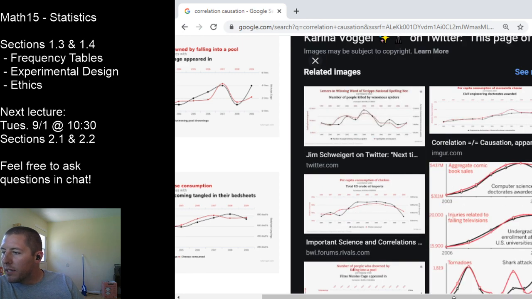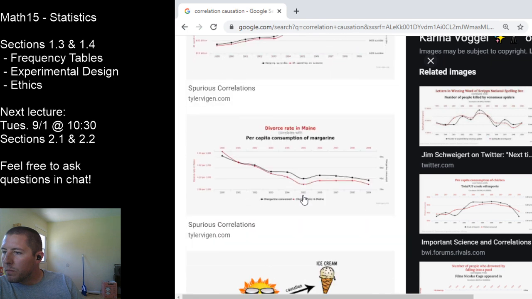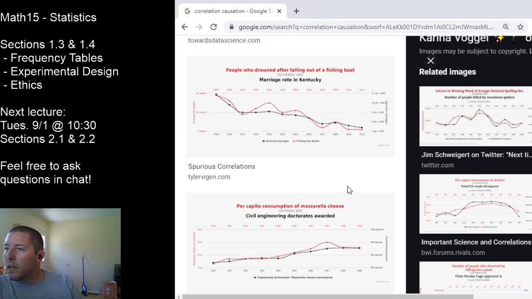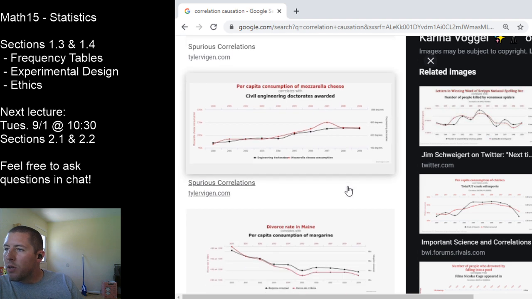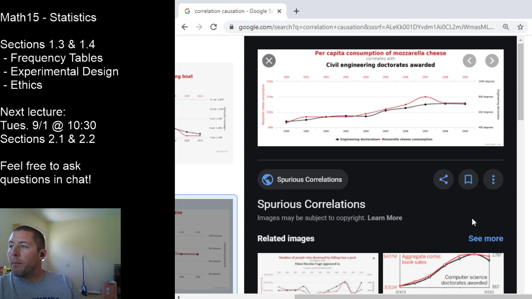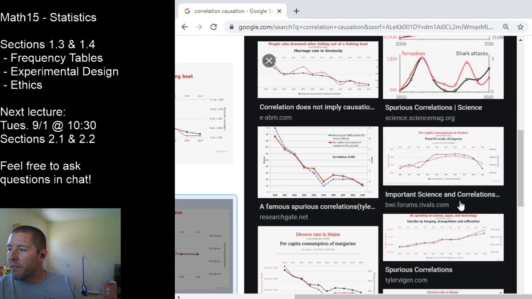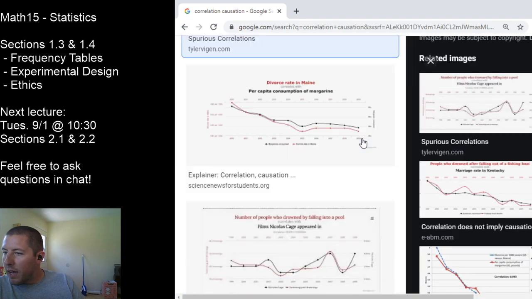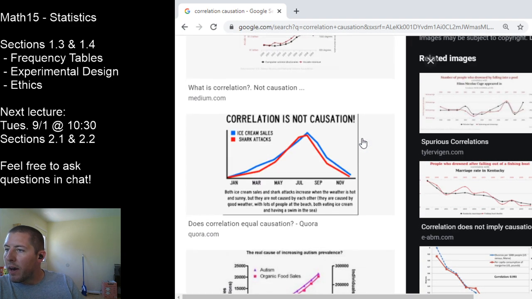Let's see here. And so many of these they make about drowning. It's a little concerning here. Rates of mozzarella cheese consumption versus civil engineering doctorates awarded. Very closely related. I'm certain that one of them is not predicting the other here. So let me find the last one I want to show you right here.